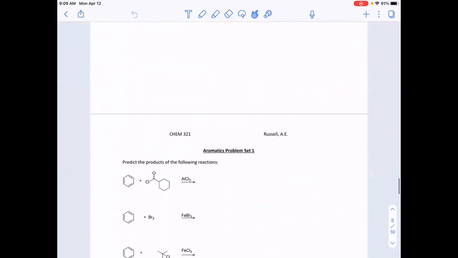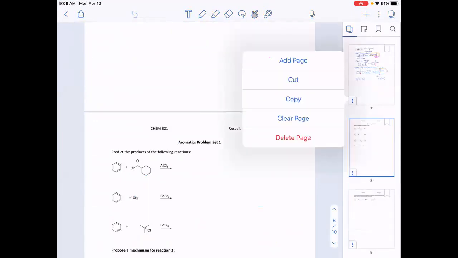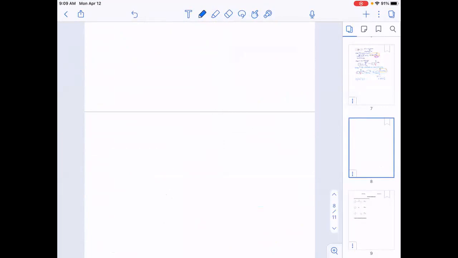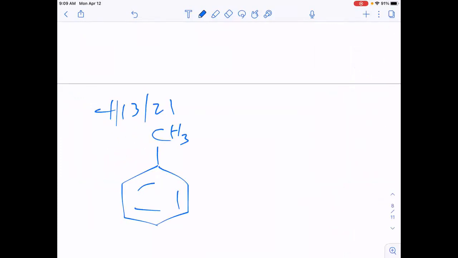So let me show you what I'm talking about. If I have a ring like this with an alkyl group on it, and I want to brominate that. So let's just do bromination.